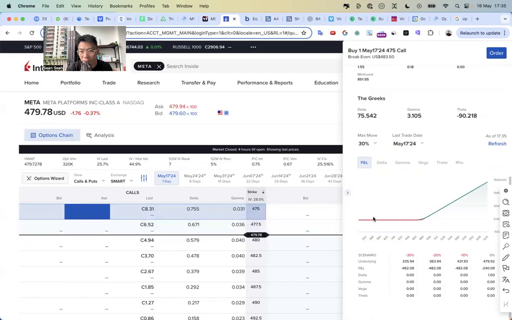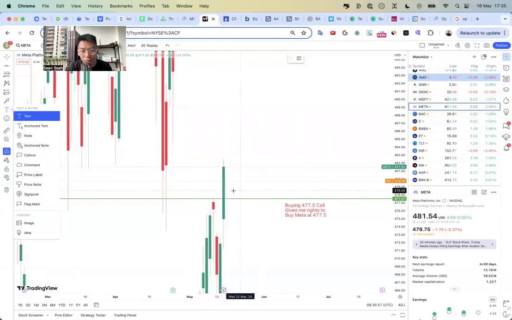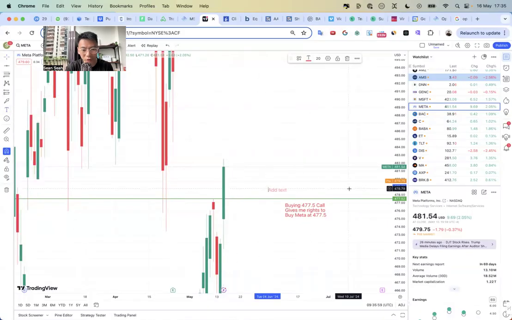Coming back to here, based on statistics, there is a 67.1% chance that the Meta share price will be above 477.5 when it expires.